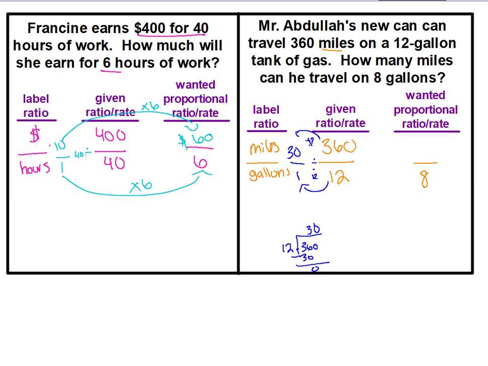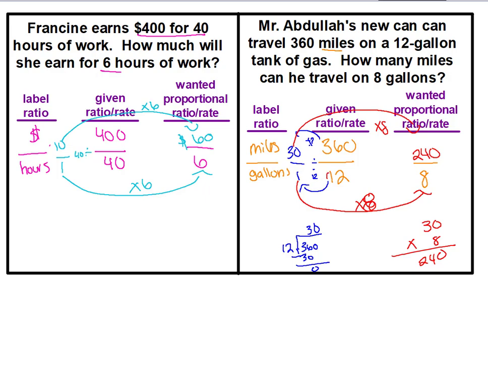Now that I have that information, I can see how many miles he travels with 8 gallons. So 30 times 8 is 240. So 240 miles for 8 gallons. So you see, I'm figuring out what the unit rate is in order to figure out what they are asking. So I'm working backwards to then move forward.